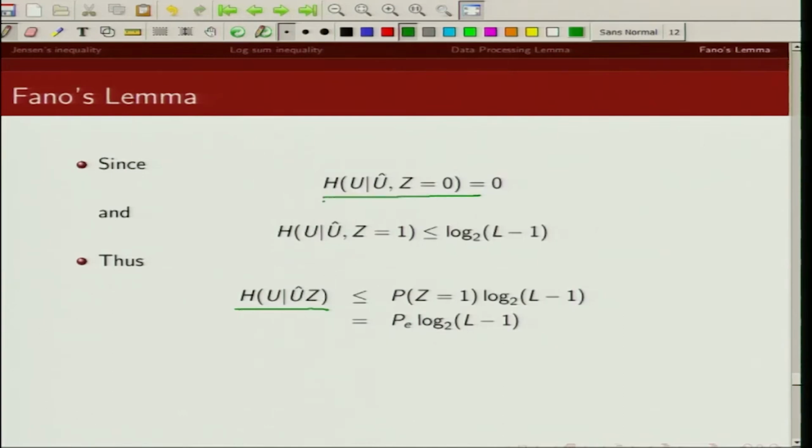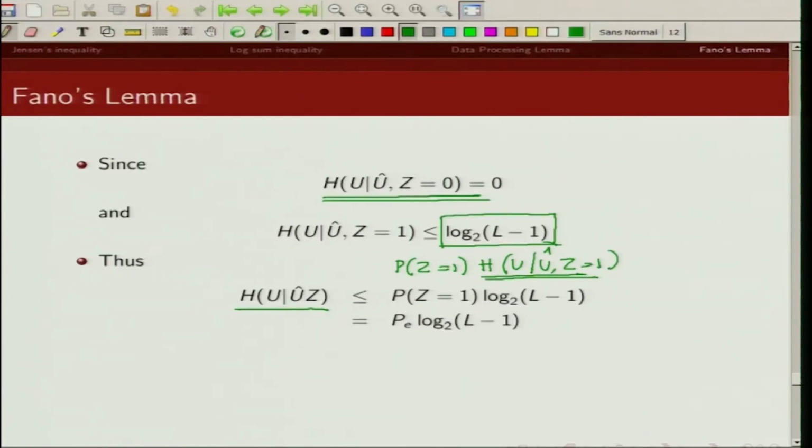Now this uncertainty is 0, so the only term that will be left is probability of Z equal to 1 multiplied by uncertainty in U given U hat and Z equal to 1, and this quantity we just showed is upper bounded by this. So we plug this value in here, what we get is probability of Z equal to 1, that is basically probability of error, times log of L minus 1. So what we have shown is this quantity is upper bounded by this quantity.